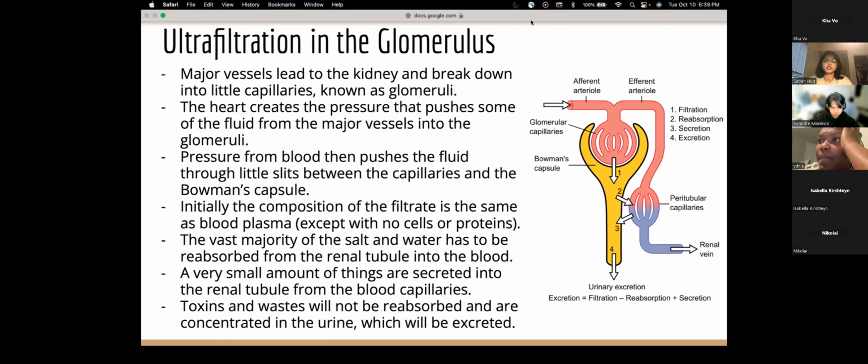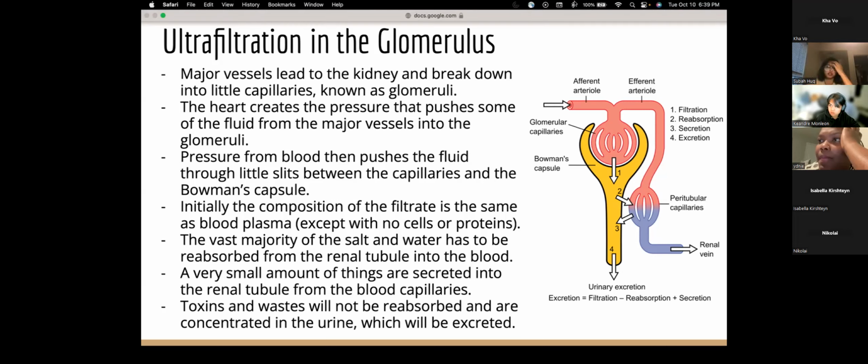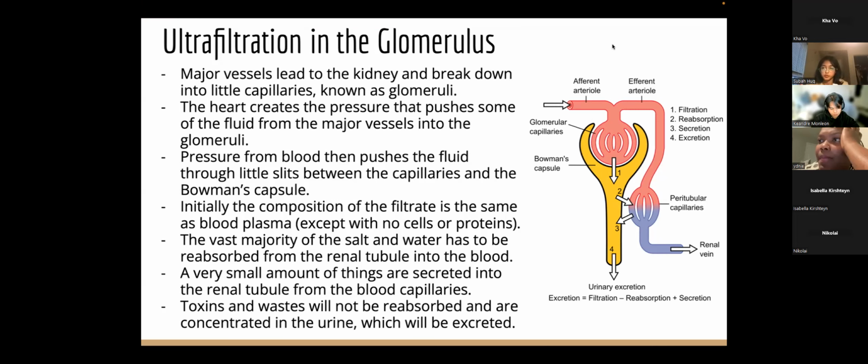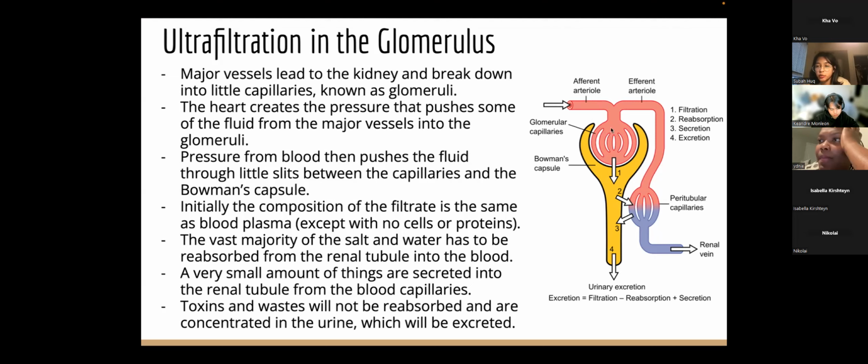Pressure from your heart, because your heart is pumping blood out to the rest of your body, is what pushes the fluid through the little slits in the blood vessels into the Bowman's capsule. And that's how your filtrate is created.